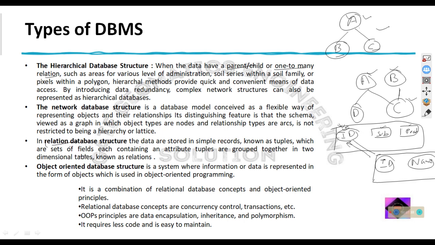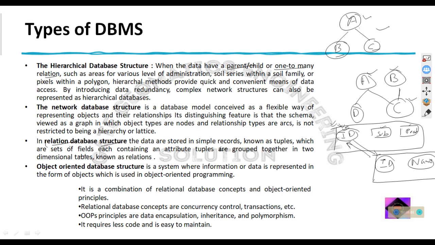So this is the general relational database structure. That's how it is created. And here normalization also happens to store the data in a very efficient way. The relational database structure is one of the good database structures. The next one is the object oriented database structure.